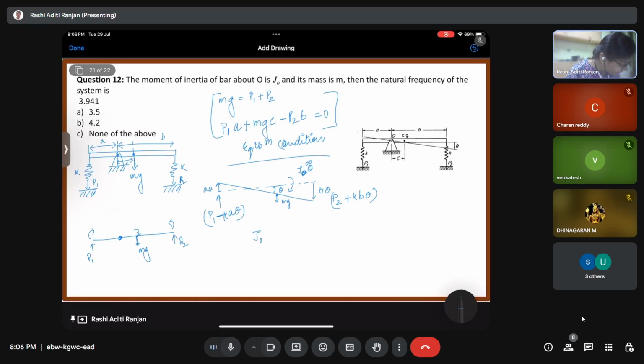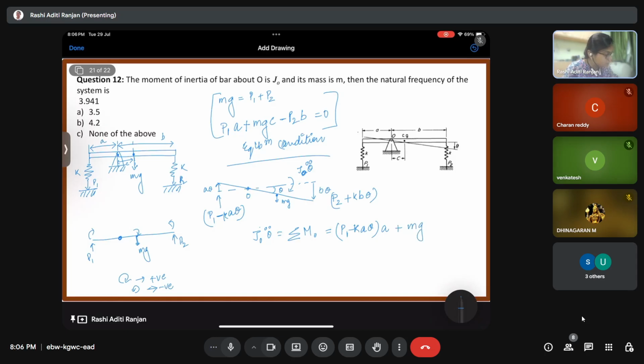I'll have J naught theta double dot is equal to the summation of all the moments about O. This is O. I'll have P1 minus K A theta into A, positive in the clockwise direction. I'll write it clockwise positive, anti-clockwise negative. Then plus mg into what?